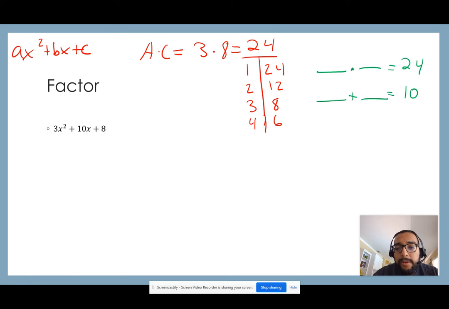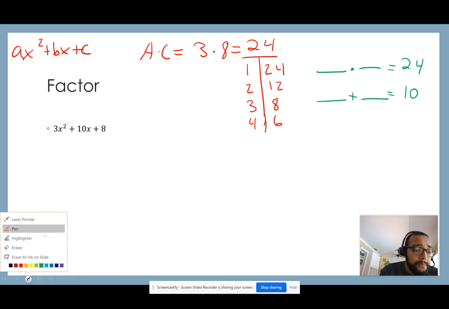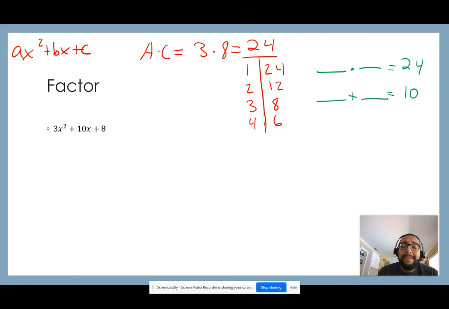So we have 4 pairs. We need to try those 4 pairs and see which one works best for us. So two numbers that add to get 10, I'm sorry, that get you 10. Let's go through them one by one. Well, obviously 1 plus 24 is 25. That's clearly not 10.